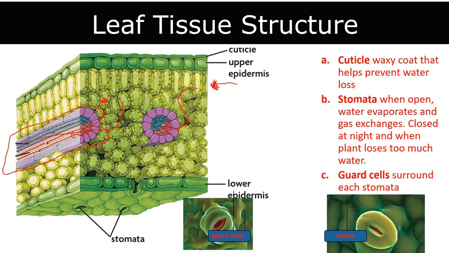So going back to transpiration, right, we have a top side of a leaf and we have an underside of the leaf. And this underside of the leaf has the stomata. And these stomata, and they look like really weird mouths, is where gas exchange is occurring within the leaf.